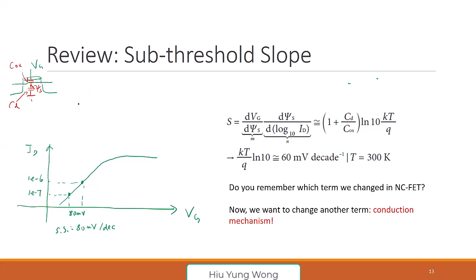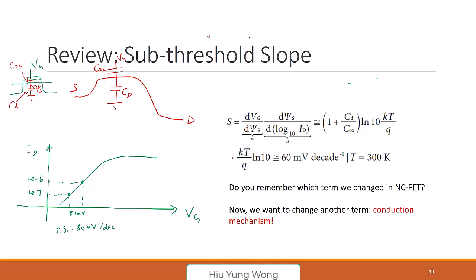We say that this is the conduction band, this is D, this is source, and on top of it, you have the gate. And then on the bottom, you have the CD, right?